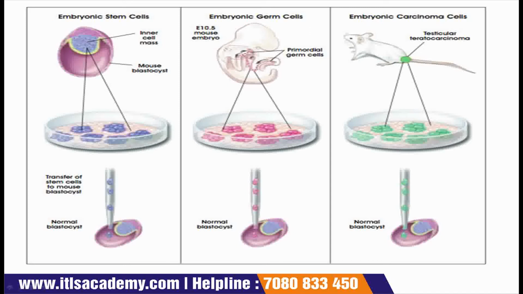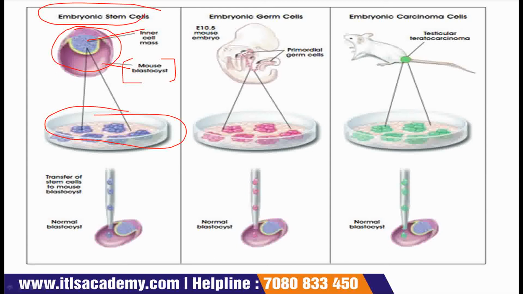So first, if we talk about the embryonic stem cells culture, you can see this is blastocyst, this is inner cell mass. This is mouse blastocyst, as we are studying each and everything in the case of mouse. So for the culture, these inner cell mass cells are taken in this particular petri dish or culture plate.